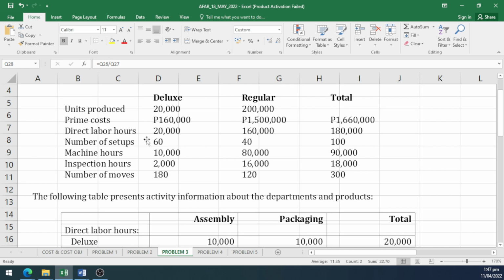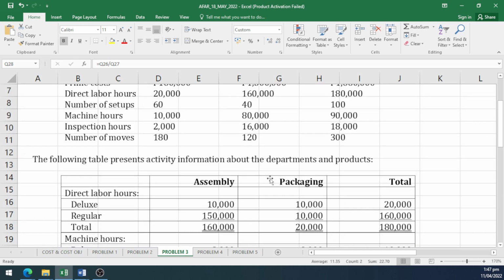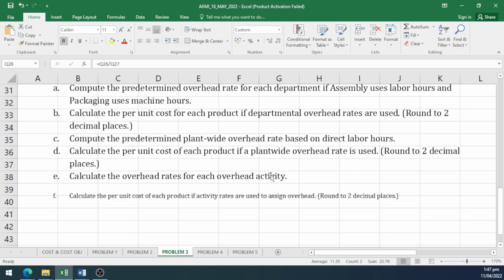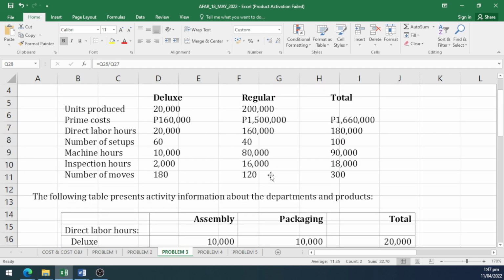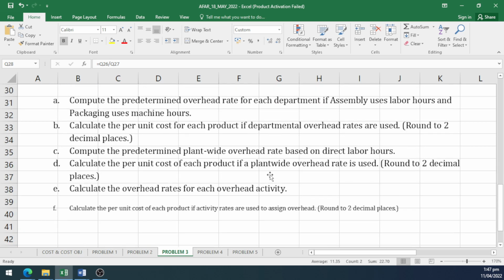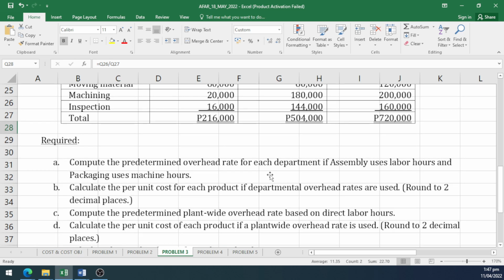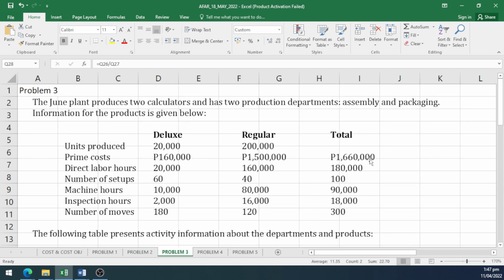Inspection, 18. Number of moves, 300. Ay, ang gagamitin naman natin dyan, ito eh. Sa setting equipment, setup. Sa moving material, number of material moves. For the machining, machine hours. For the inspection, inspection hours. Ito yung inspection hours. Ano?